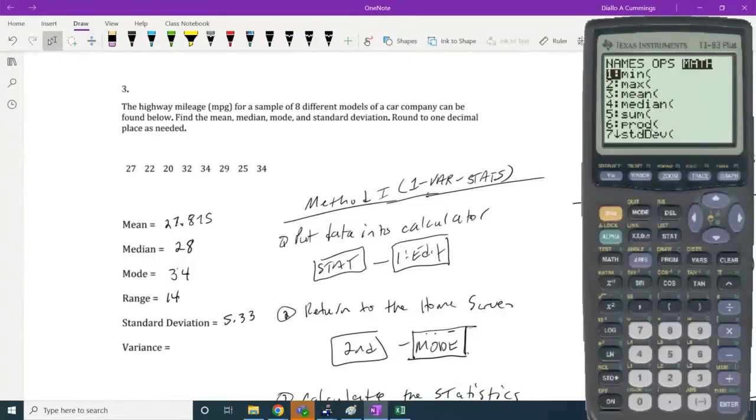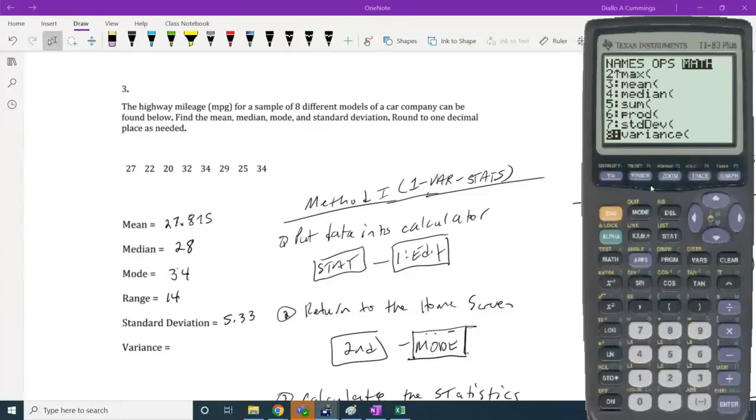Sum just sums up all the numbers in the list. Product will multiply all the numbers in the list. There is a standard deviation function, and there is also a variance function. Variance is not in the one variable statistics. The variance function is actually in the list part of things.